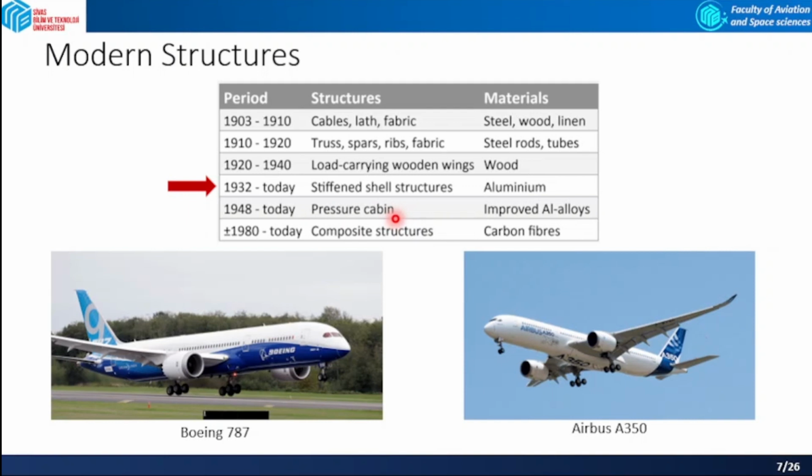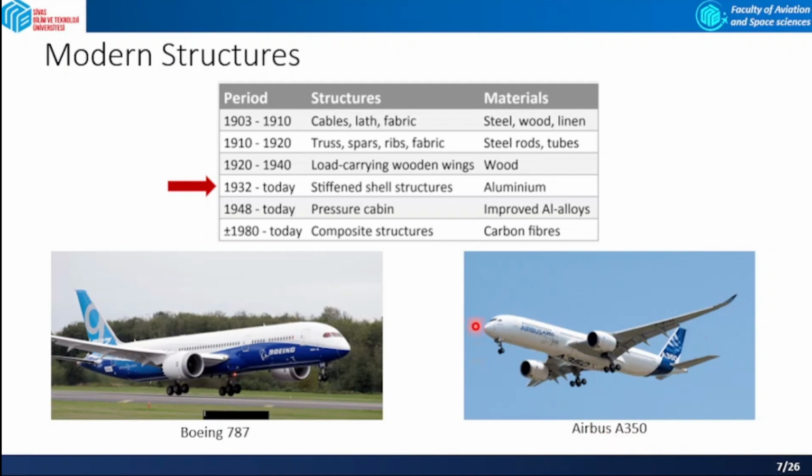And after the 1970s, let's say, the importance of composite structures increased. First as material for secondary structures, but today composites are used as materials for primary structures like wings and also the fuselage, as you see in the Boeing 787 and also Airbus A350.